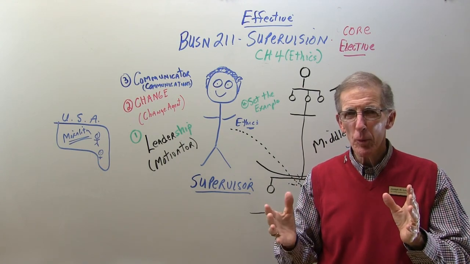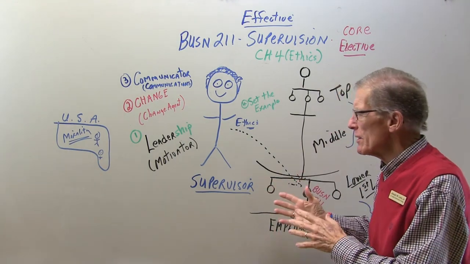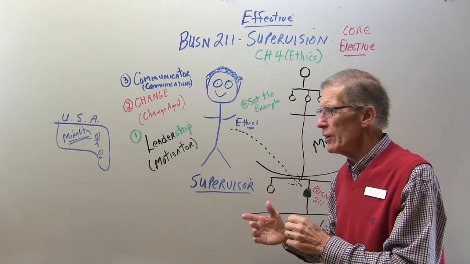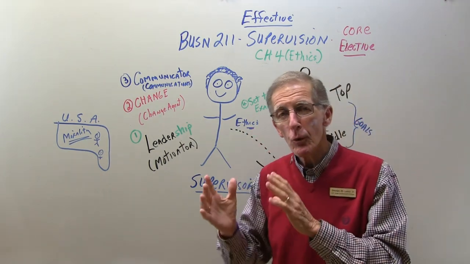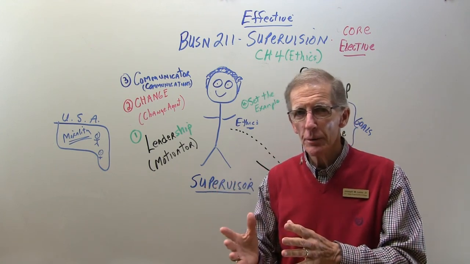Your company needs to support you. You made a decision, and that decision may have cost the company some money, but it was the right decision. It was an ethical decision.